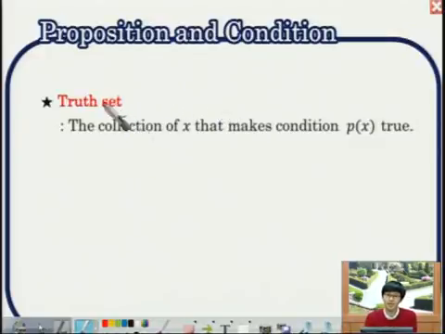We learned about sets. This chapter on propositions and conditions is also related to sets. This condition p(x) is equivalent to the truth set P, and q(x) is equivalent to truth set Q. The definition is the collection of x that makes condition p(x) true.